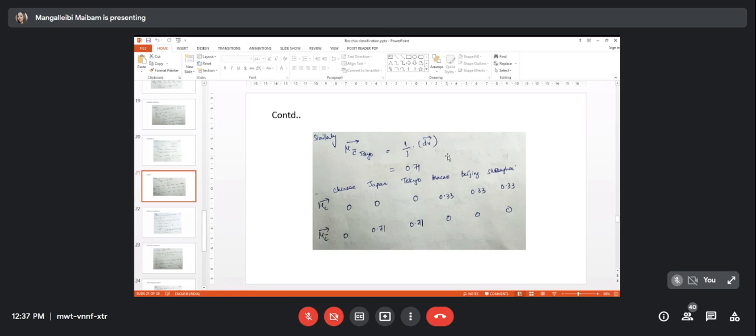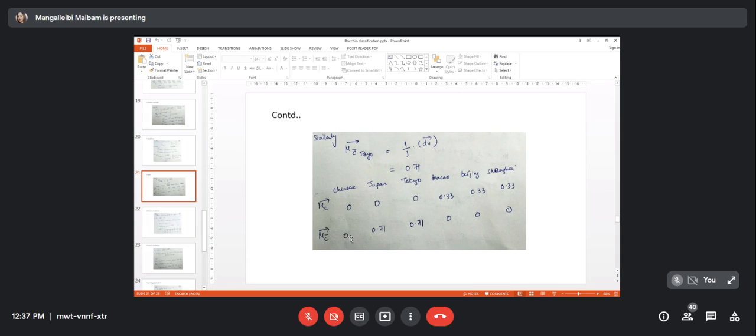We have to calculate for all terms: Tokyo, Japan, Chinese, Macau, Beijing, Shanghai. For the North China class, only D4 is considered.